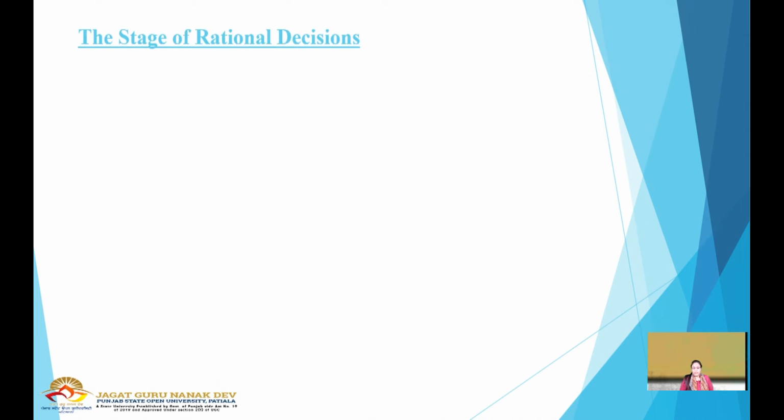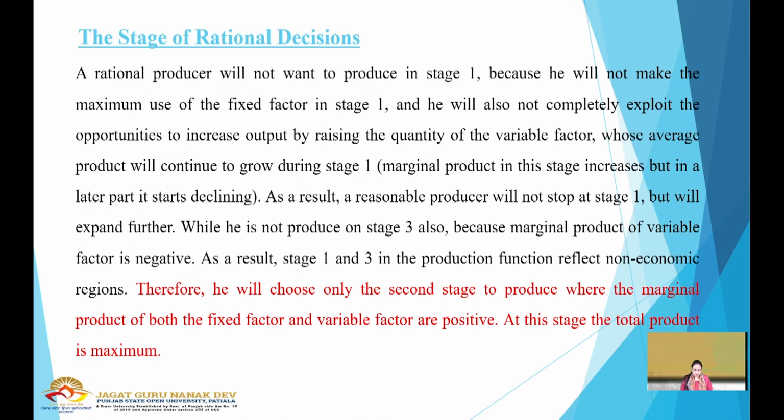Another topic is the stage of rational decision, that means in which stage the producer wants to produce their product. A rational producer will not want to produce in stage 1. In stage 1 no producer will produce, because he will not make the maximum use of the fixed factor, land, in stage 1.